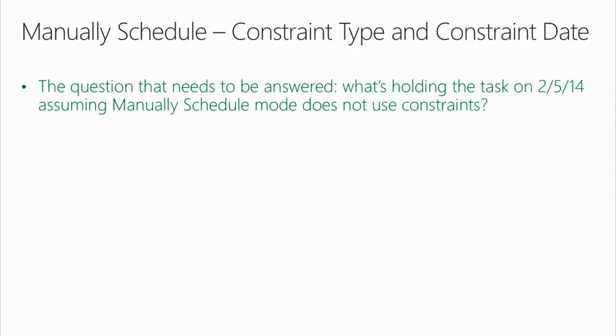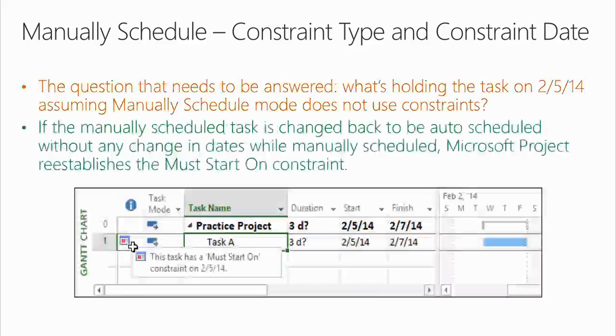The question that needs to be answered, Terry, is what's holding the task on 2/5/14, assuming manually scheduled mode does not use constraints? Terry, if the manually scheduled task is changed back to be auto-scheduled without any change in dates while manually scheduled, Project reestablishes the must-start-on constraint. In this situation, it doesn't default back to ASAP.